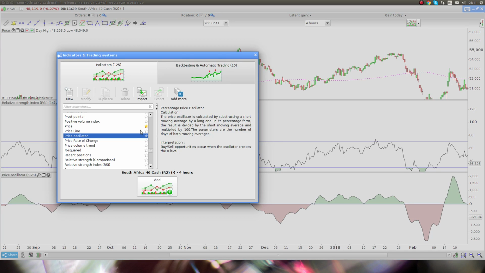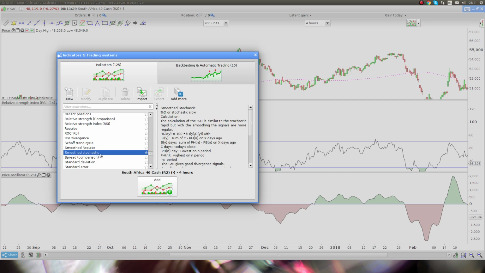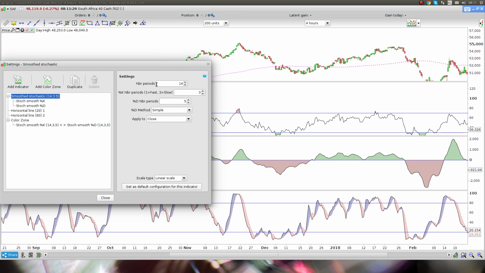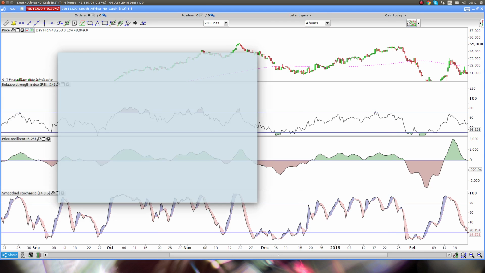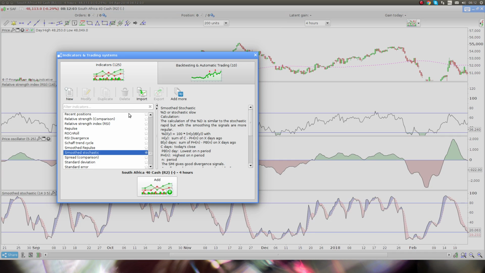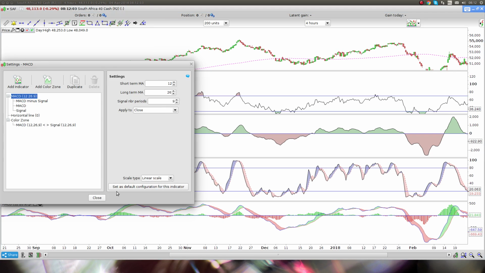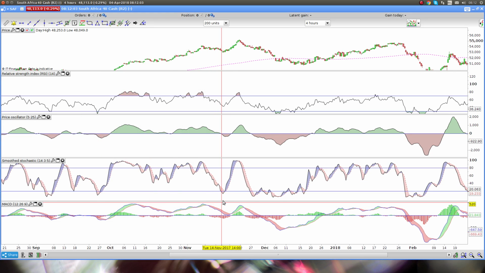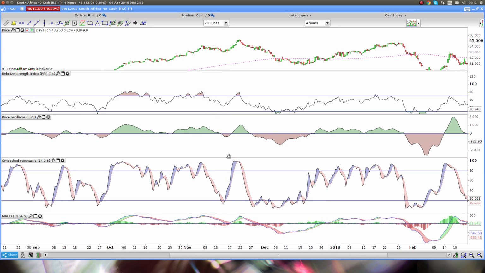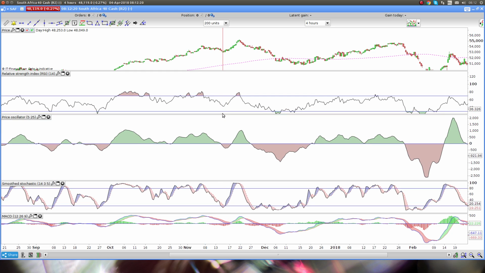Then another favorite one is the MACD. Okay, so I've seen charts that look very similar to this with multiple indicators and oscillators on the chart, right?